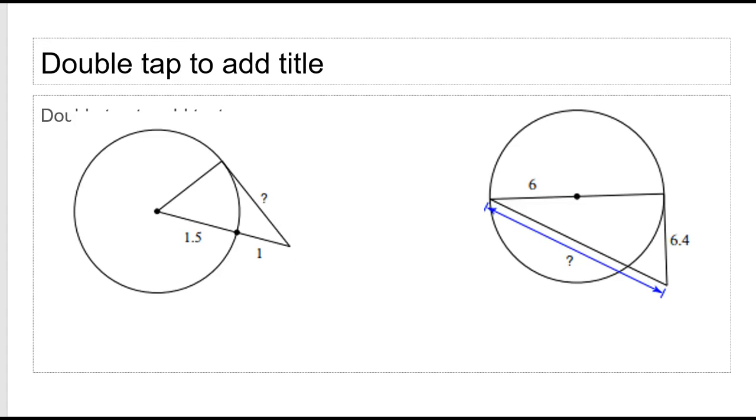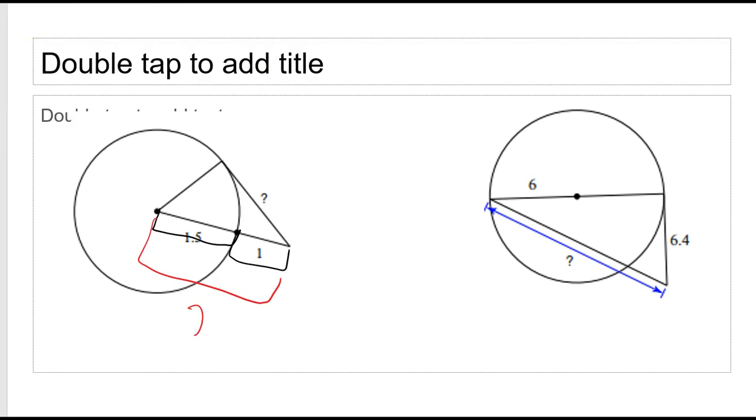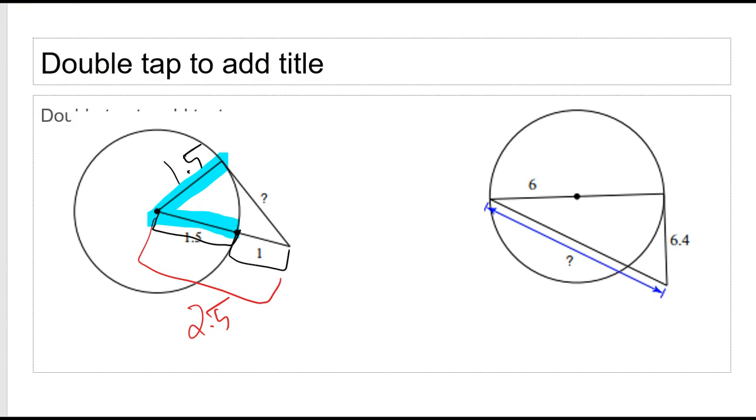Alright, so these problems here, you have to think a little bit. Problem on the left, they give me that from here to here is 1.5, that from here to here is 1. That means my entire length from here to here is 2.5. Now you're sitting there saying, well, how can I do anything? Well, notice this, guys. This is what we call a radius. Do you see another radius in the problem? Yes, right here. So if one of the blue lines is 1.5, that means the other blue line is 1.5. We have a right angle.